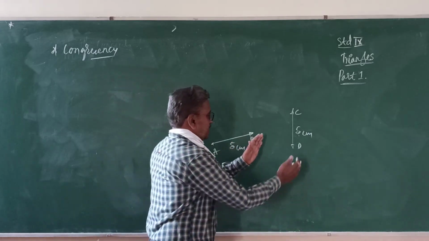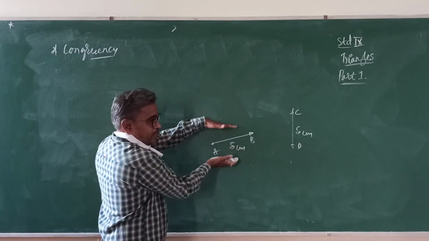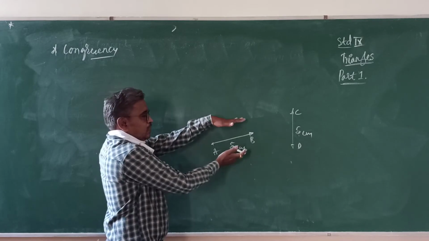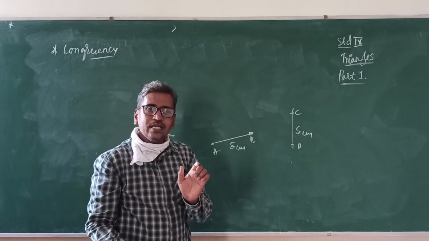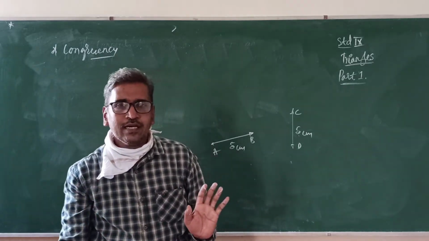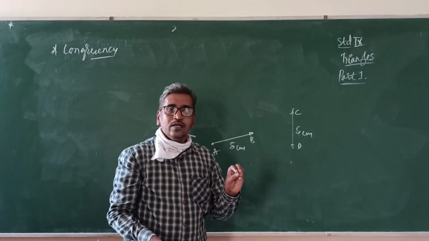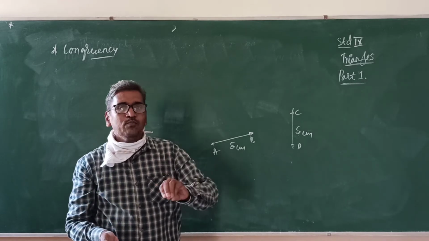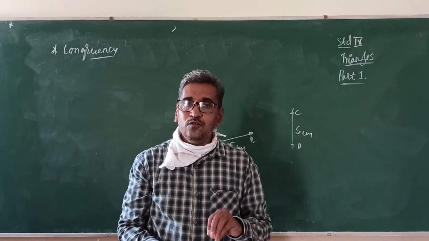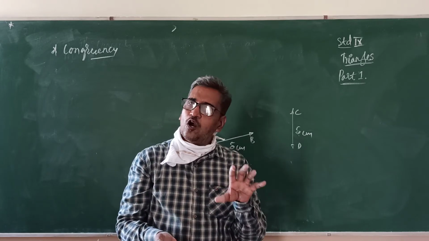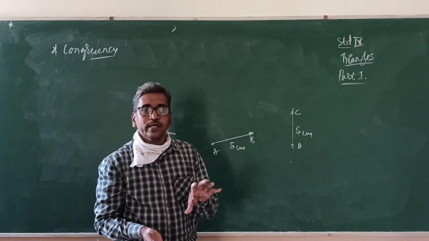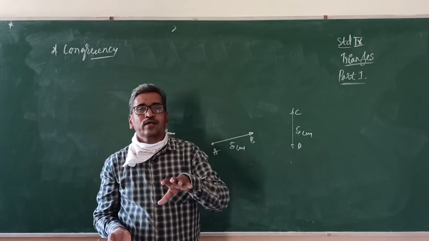When CD is put on AB, they exactly coincide. When two objects are kept one above the other and they exactly coincide, then the objects are said to be congruent objects, congruent figures.